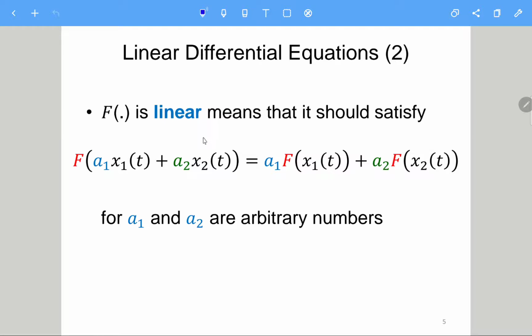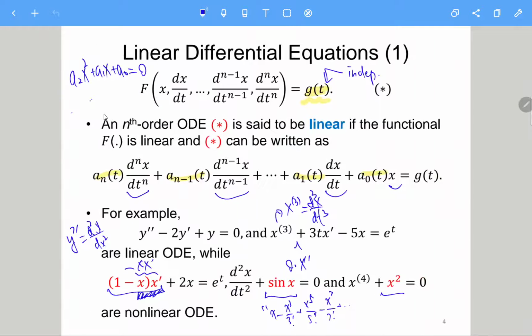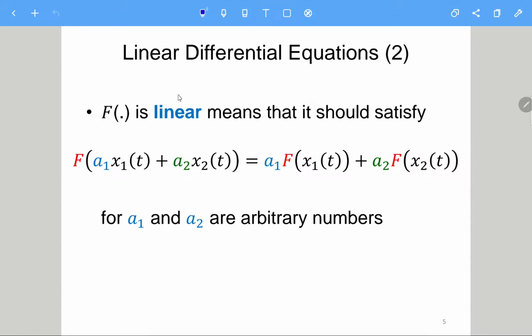When we talk about linear function, this one is an explicit expression for the linear ODE. But in the definition, we say this is a linear ODE and this is a linear function. A function is linear means, when we act this function, actually generally we call it a functional rather than a function, because the argument of it is a function. But it doesn't really matter.